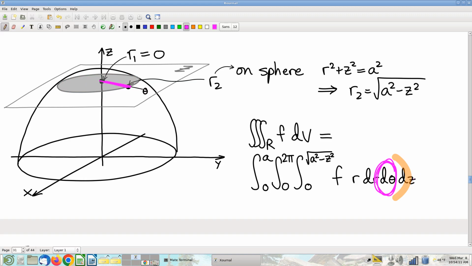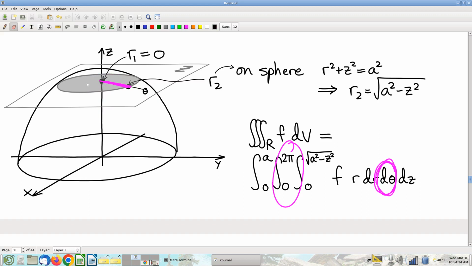On that line segment, where does theta start? Well, theta pretty much goes all the way around. Starts at 0, ends at 2 pi. So theta bounds 0 to 2 pi.